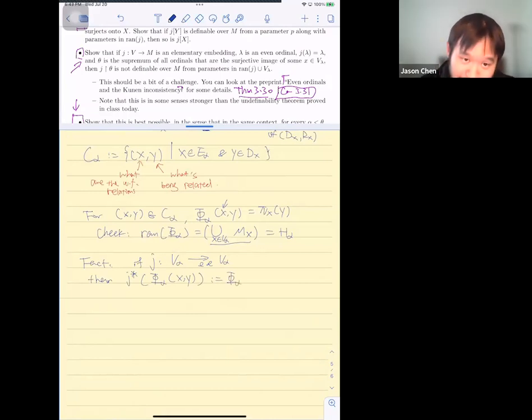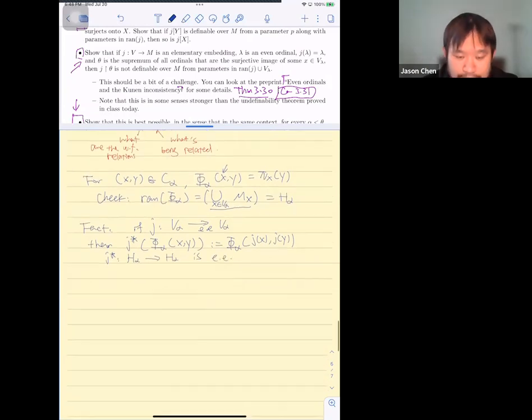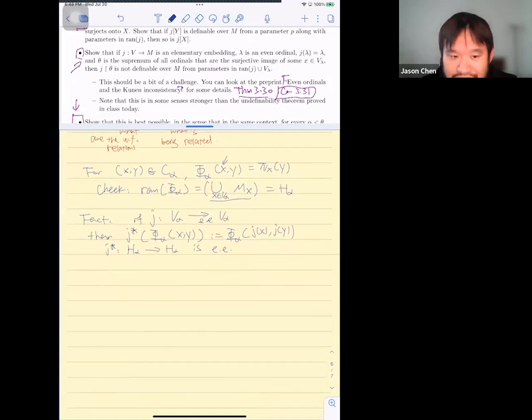It's like in algebra where you are trying to define homomorphisms. This J star, which goes from H alpha to H alpha, is also an elementary embedding. This involves some tedious checking and also getting a good handle on the definitions involved. So take some time, maybe I'll leave you to it.